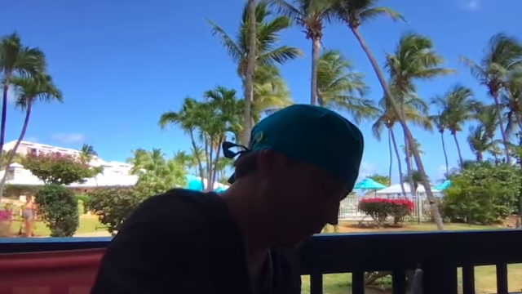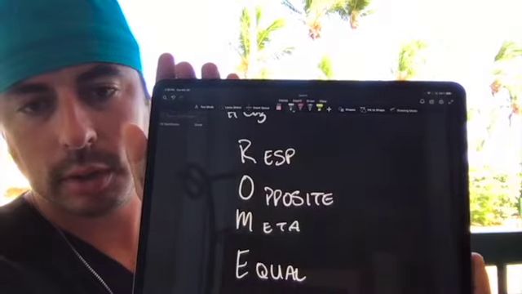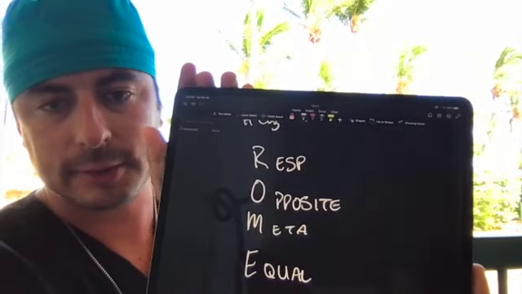So that gives you an idea of a direction and a relationship with those two factors. Respiratory opposite, metabolic equal, meaning the CO2 is indirectly related to pH, so they go in opposite directions. And metabolic equal, they are directly related, they go in the same direction.